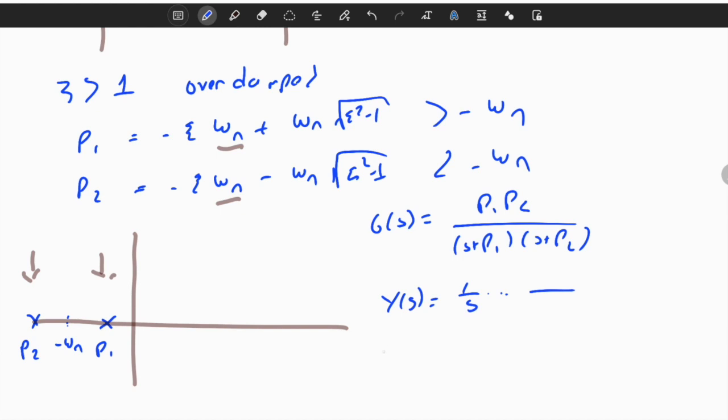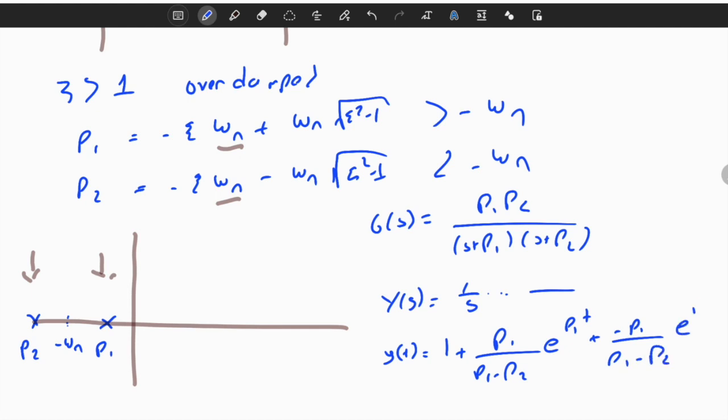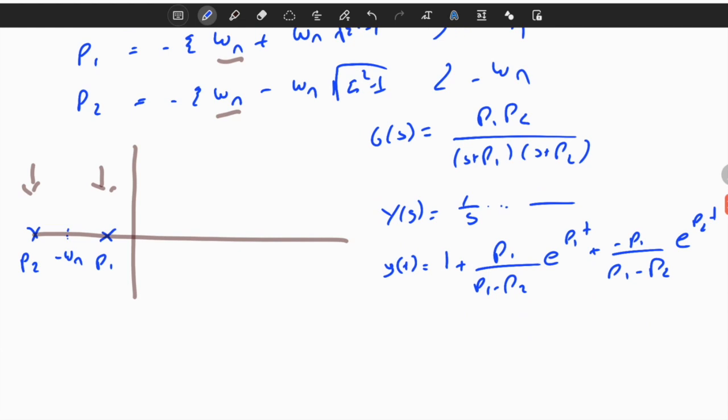We will apply partial fraction expansion. Y of t will be equal to 1 plus p1 divided by p2 minus p1, e to the power p1 t, minus p1 divided by p1 minus p2, e to the power p2 t. The constants are not very important. You can just ignore them.